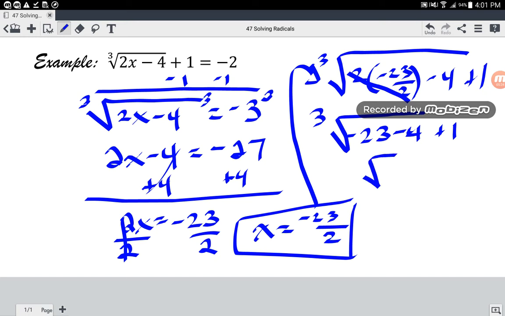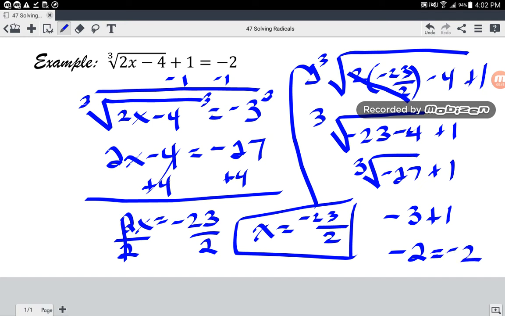Negative 23 minus 4 becomes negative 27. Cube root of negative 27 is negative 3 plus 1, so I get negative 2, and that does equal what's on the other side of the equal sign. So negative 23 over 2 is a valid solution.